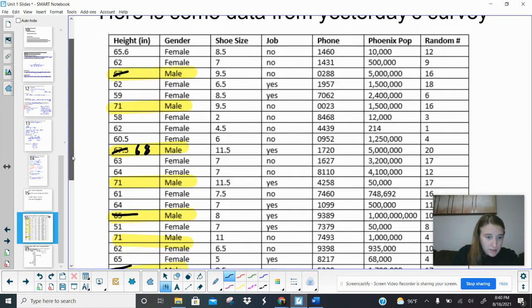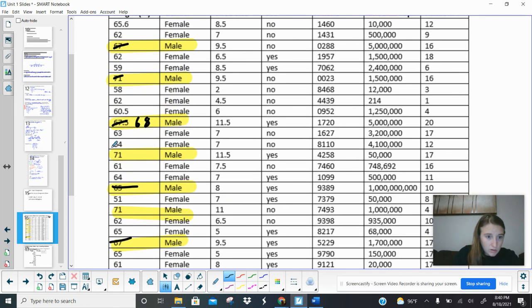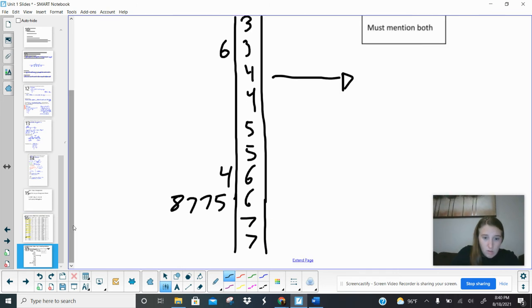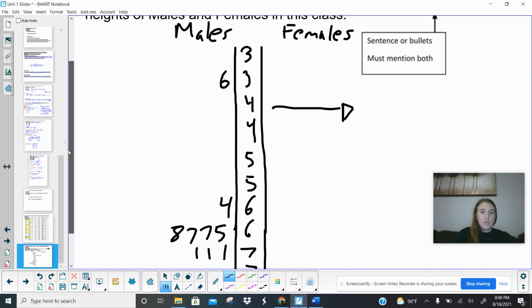And then for my 70s, I've got 3 71s. 1, 2, 3. Okay, so I have my male distribution done.